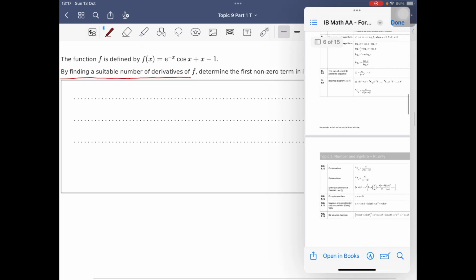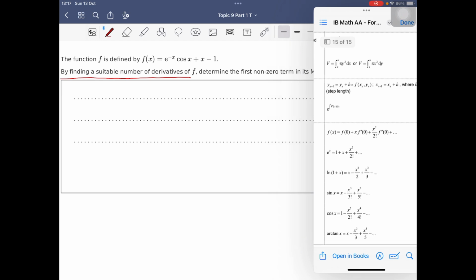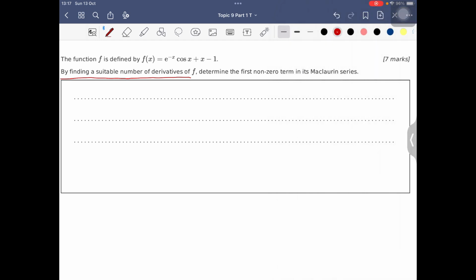We don't use these special cases in our formula booklet. So let's do that. f of 0 now is e to the 0, 1, 1 minus 1, 0 minus 1, so 0.